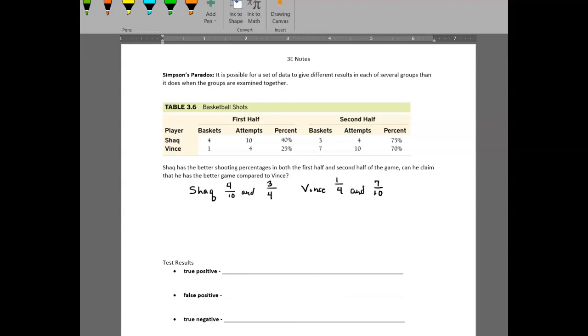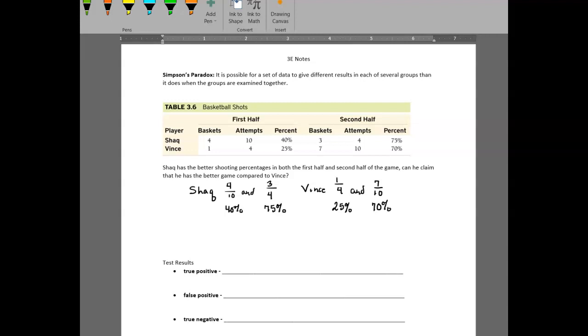So 4 out of 10 is 40%, 3 out of 4 is 75%, versus 25% and 70%. All right, so Shaq has the better shooting percentages in both the first and second half.